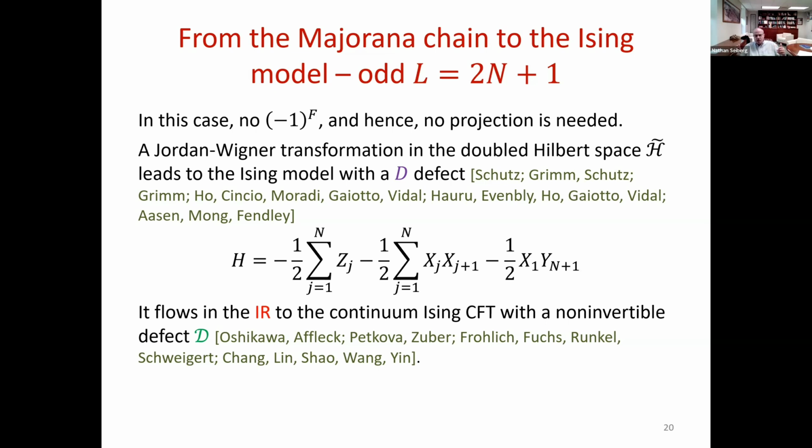For example, the T T-bar deformation that people like to study fits the bill. But there are also many others. So there could be irrelevant operators, and this system could arise from some higher energy theory, even in the continuum, that has these two as exact symmetries.